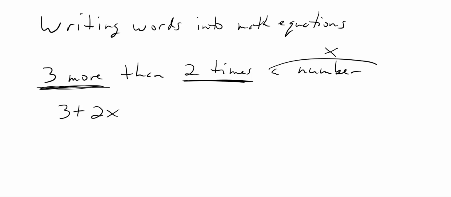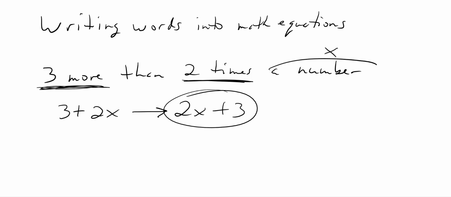Now, the way I really want you to write it, guys, is this: 2x plus 3. I want you to put the variable first. Okay? And you'll see why, because when we do less or subtracting, it's much easier. It really is. So 3 more than 2 times the number.